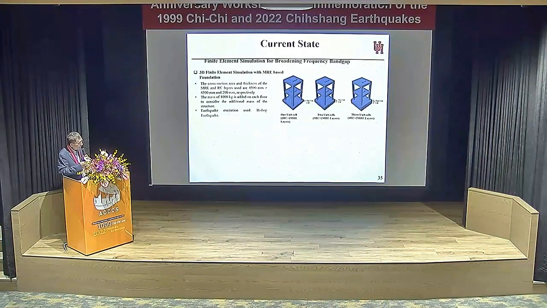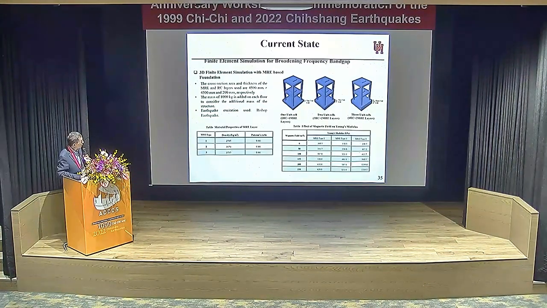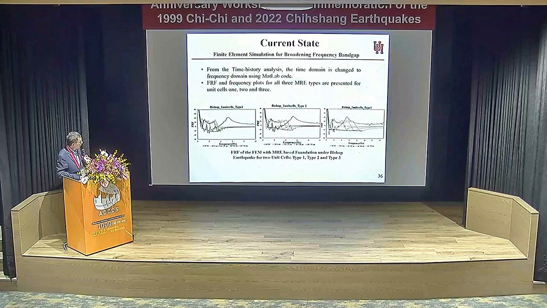And further, we did a small scale 3D finite element simulation, using a 2-story building. The bottom is our MRE and the concrete layers to simulate metamaterial foundations. Those are the three types we used. And we can increase the magnetic field from 0, as you can see right here, 0 to 50 mT, and up to 750.